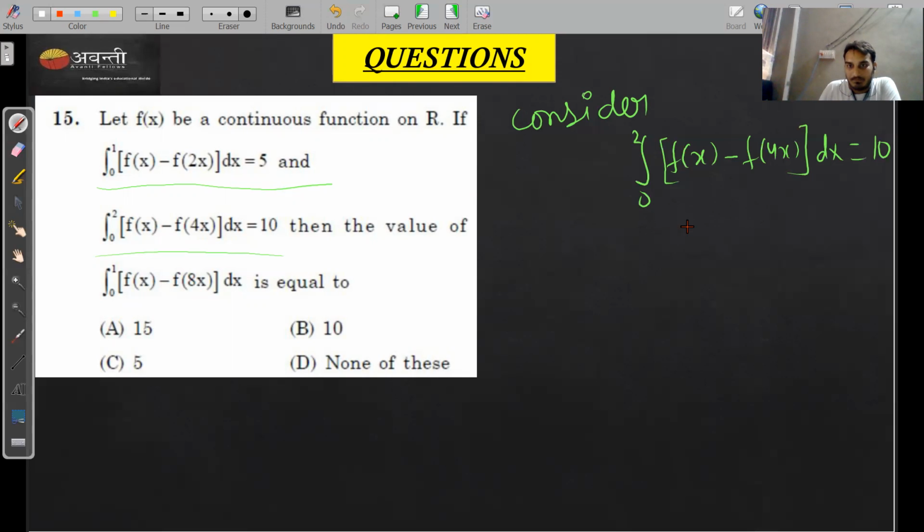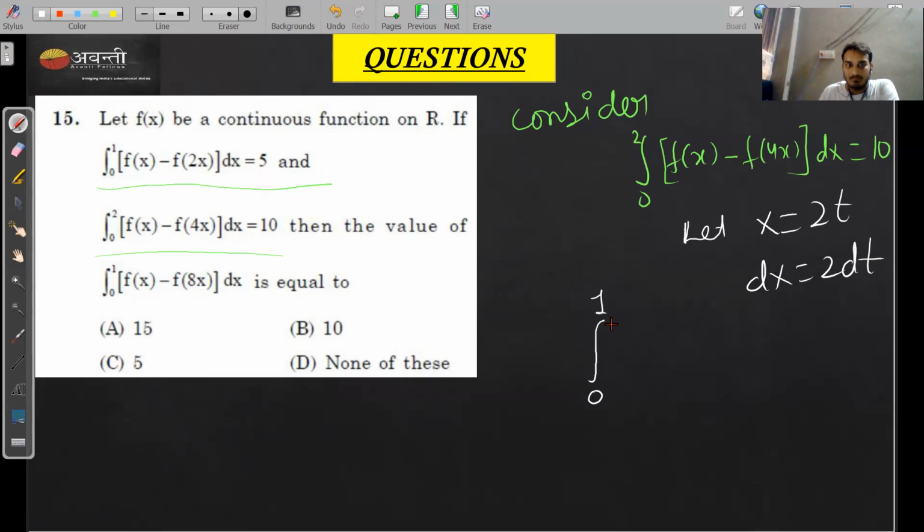Now let x equal 2t. So dx is 2 dt, yes or no? So what will this become? When x is 0, my t is also 0. When x is 2, my t is 1.